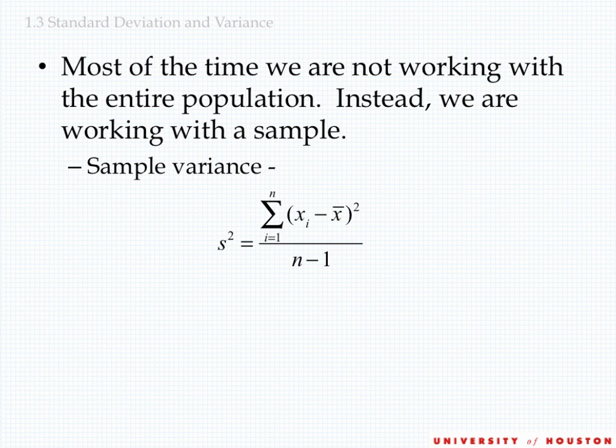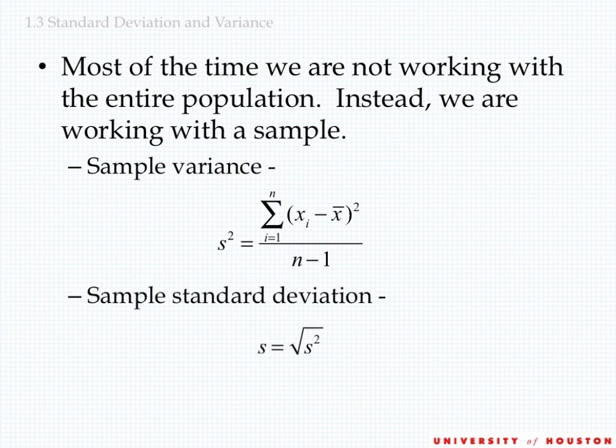And instead of dividing by the population number, capital N, we will divide by the number in our sample, minus 1. We subtract 1 to make up for bias. This is directly related to degrees of freedom for our sample. The sample standard deviation is found by square rooting the sample variance.